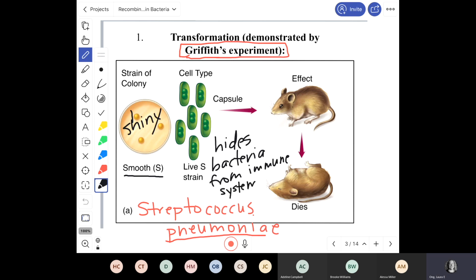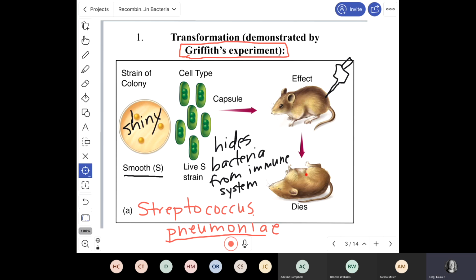So what Griffith started out doing was, he knew that if he injected mice, I can draw a syringe here, looks just like one, with bacteria of the smooth variety of Streptococcus pneumoniae, it would kill the greatest proportion of them.